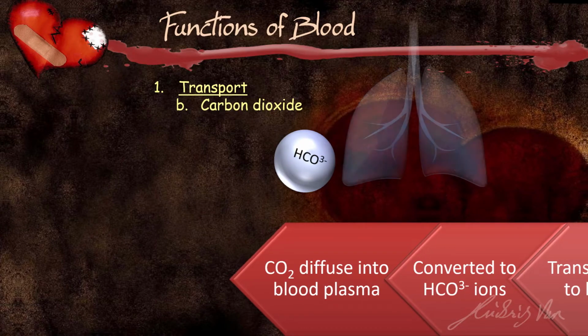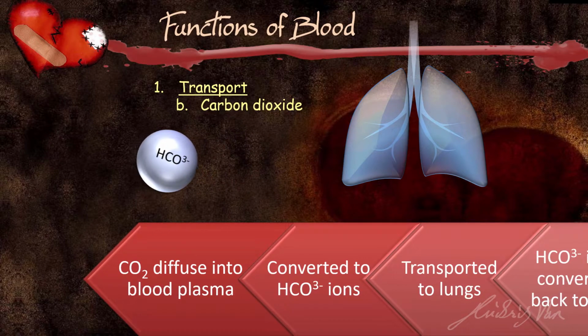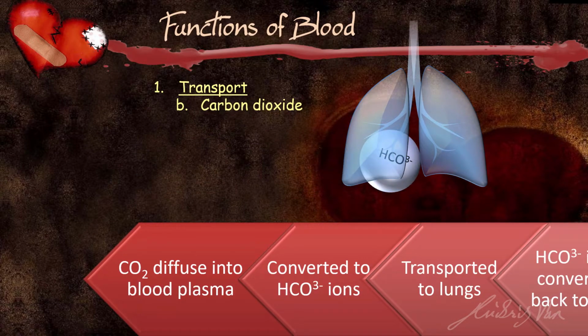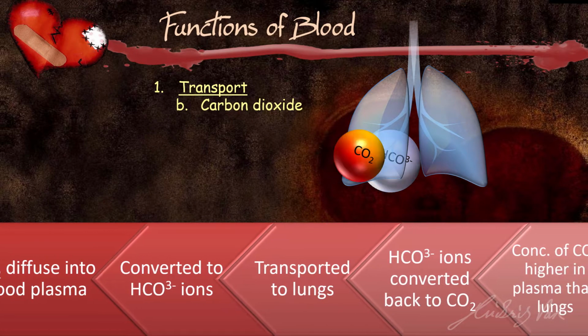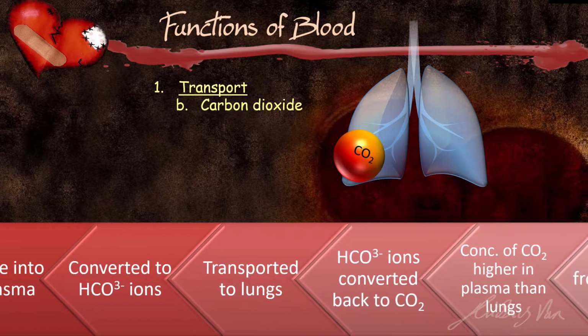Our blood plasma will carry this hydrogen carbonate ion to our lung. And because the concentration of the carbon dioxide in our lung is low, this hydrogen carbonate ion will get converted back into carbon dioxide. This also occurs in the red blood cell. So since the carbon dioxide concentration in the blood plasma is higher than that of the lung, it will diffuse out from the blood plasma and into the lung.